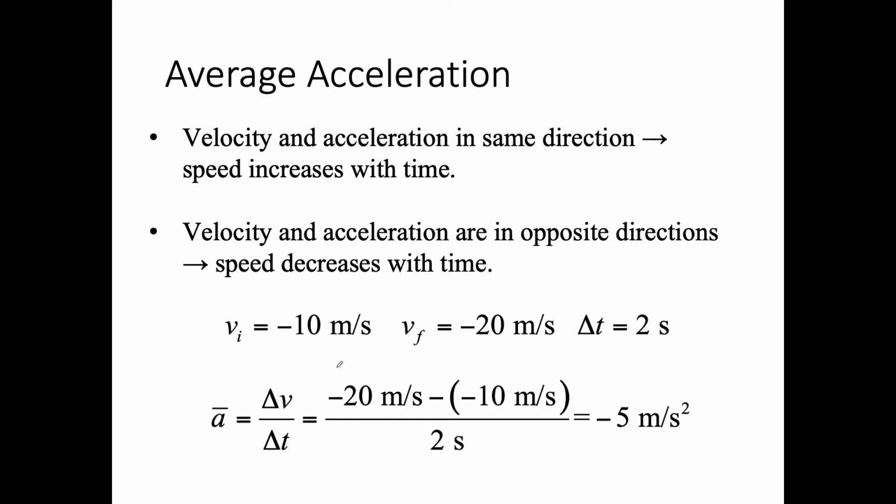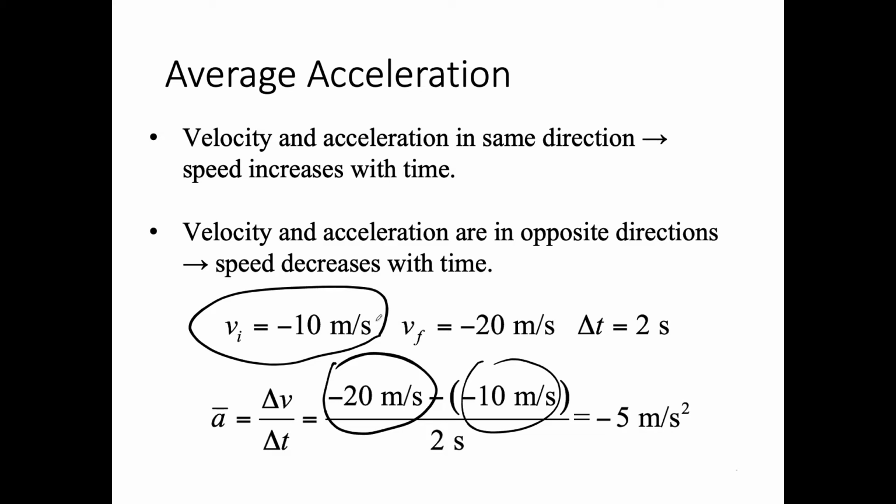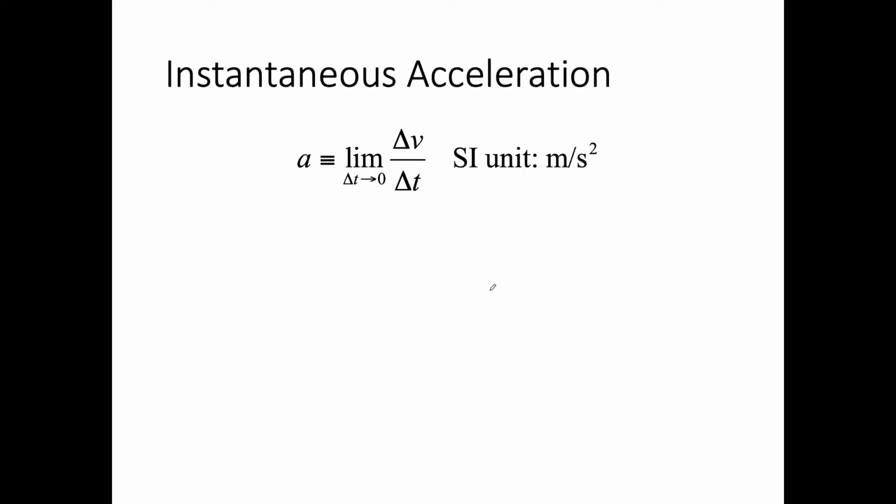It is calculated as the final velocity subtract the initial velocity, which gives us negative 5 meters per second squared. We can see the speed increases from 10 meters per second to 20 meters per second, but it's still in the negative direction. And the SI unit for acceleration is meters per second squared.